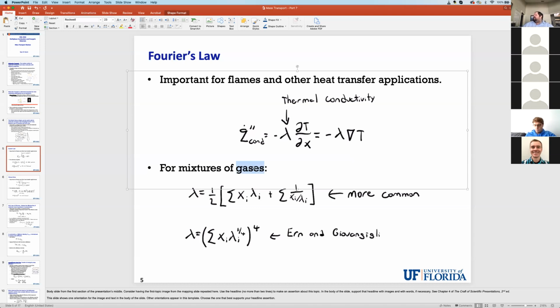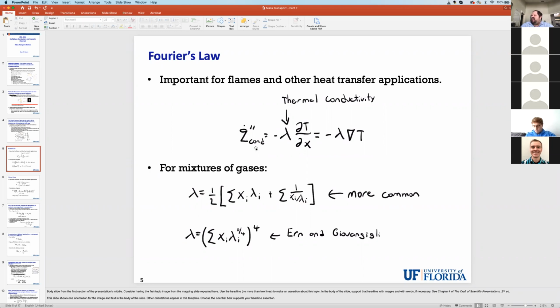Now, here we have a mixture of a whole bunch of different gases. The problem is that we just want one lambda, so we need a mixture averaged thermal conductivity, and there's no really good theory for doing that. So there are a lot of empirical mixing rules.